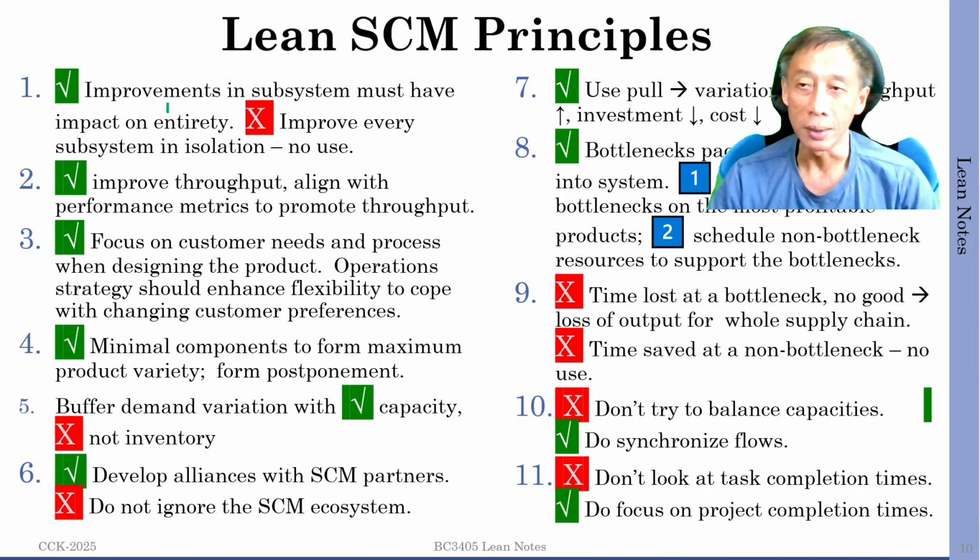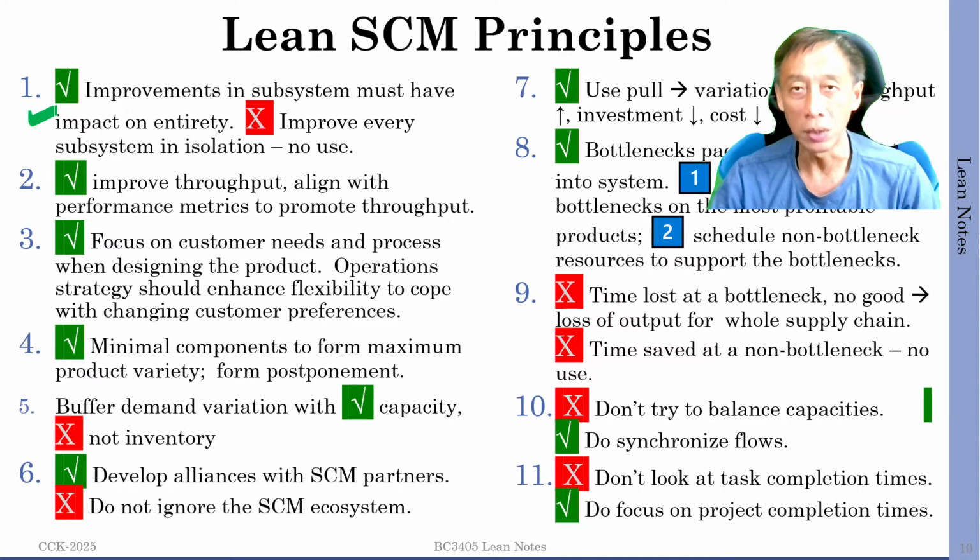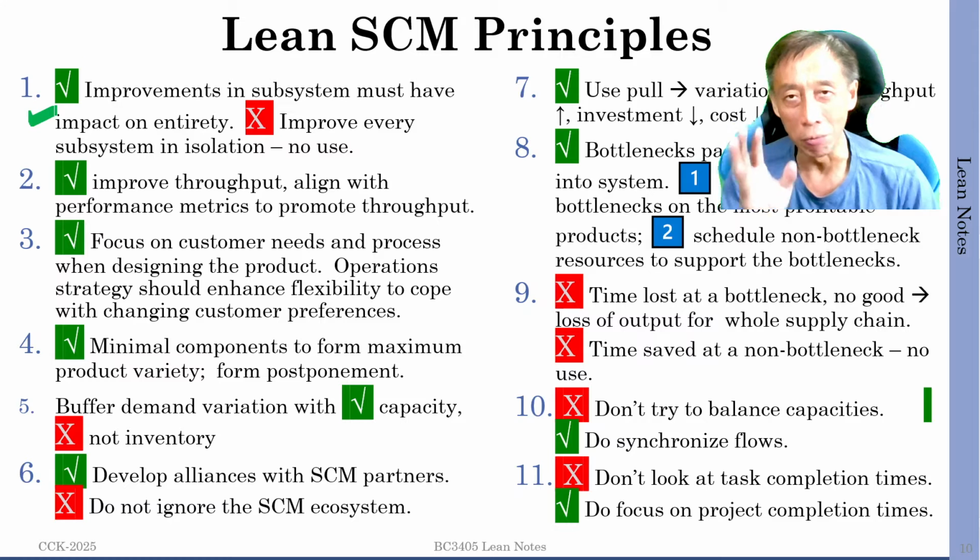Number one is improvements in subsystems must have impact on the whole processing. Improve based on the benefits enjoyed by the overall process gains, right? Don't improve a particular resource in the process by itself.